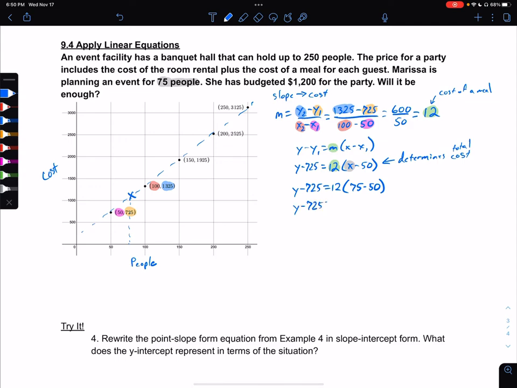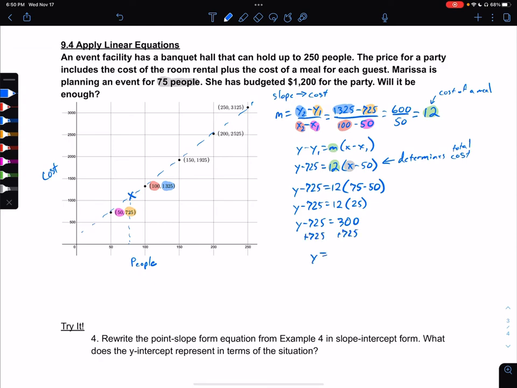So just work everything out. 75 minus 50 would be 25. y minus 725 equals 12 times 25, which should be 300, if I'm thinking correctly. Yep, 300. I'm going to add 725.